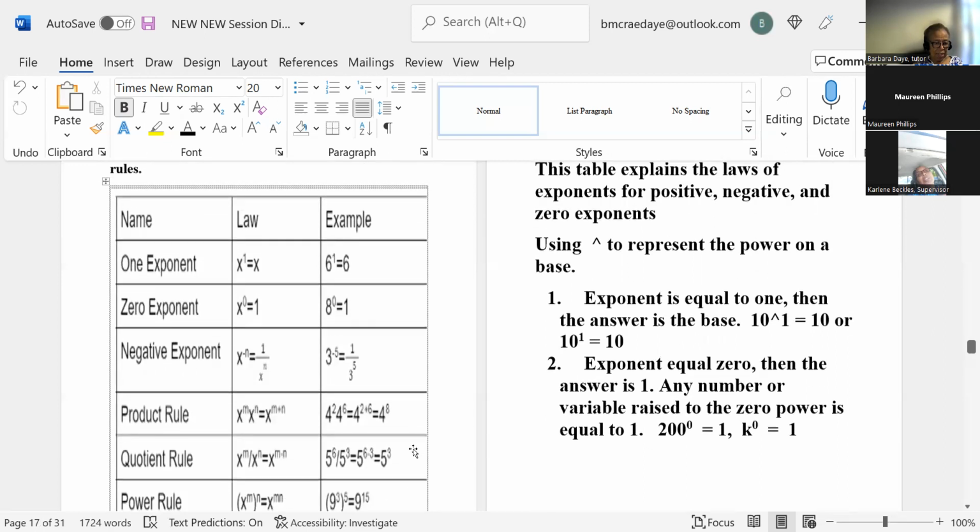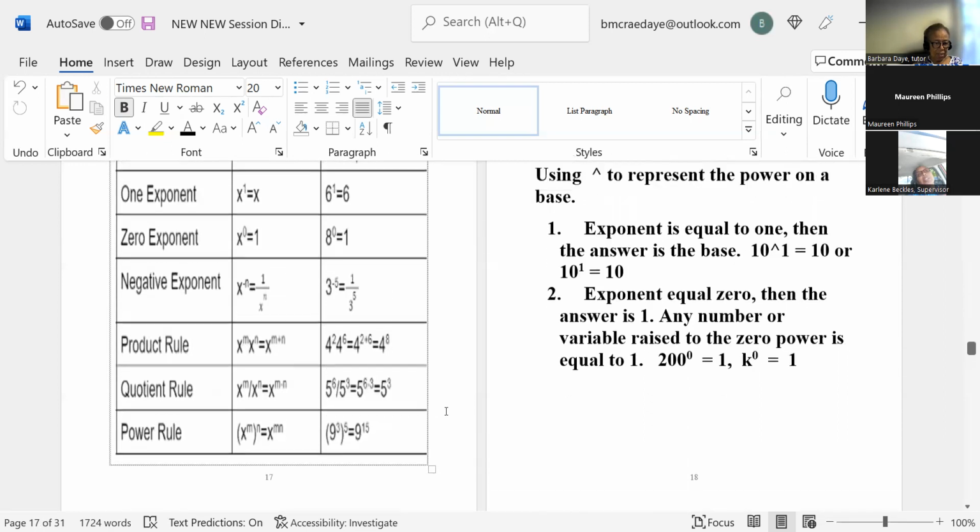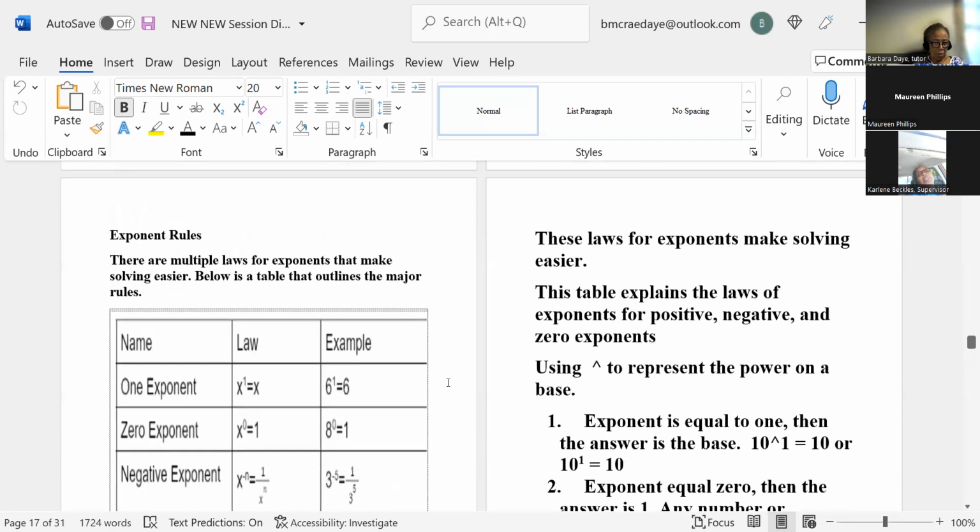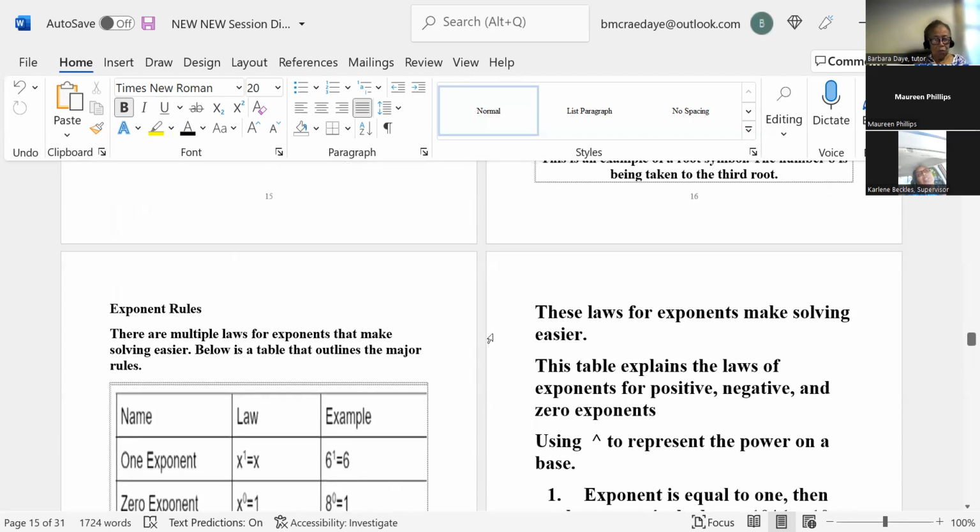All right. So now let's look at these in detail. I just put them here on the table. If you can remember these laws of exponents, it helps you in solving your problems, and they hold whether the exponent is positive, negative, or 0. You probably see I use this little caret sometimes to represent the power on a base.